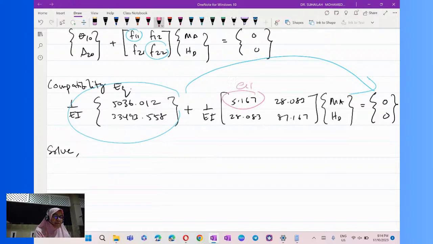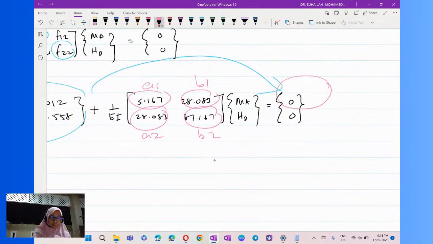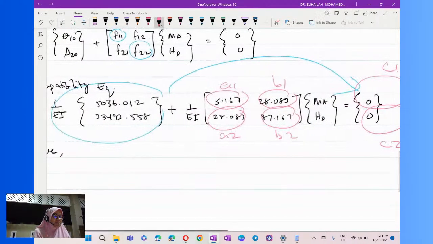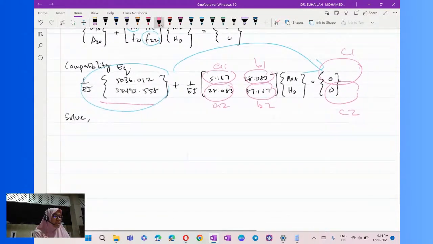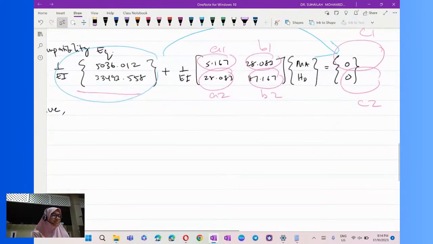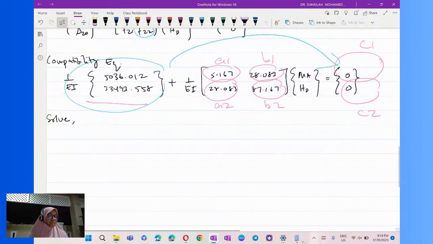This is A1, this is B1, A2, B2, C1 here, C2, after we bring this value to the other side. Now we want to solve this using calculator.